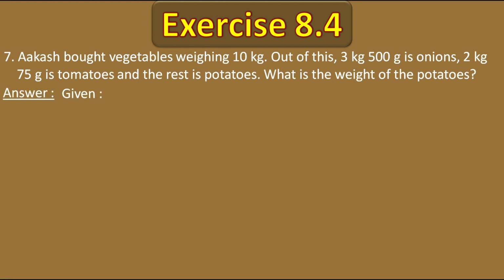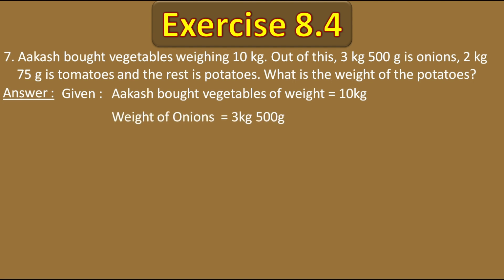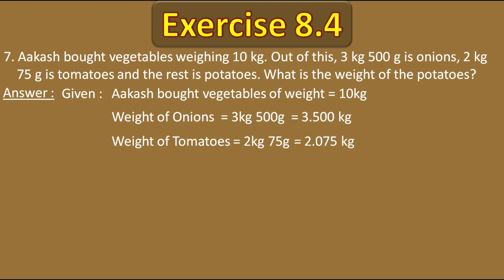Akash bought vegetables of weight 10 kg and the weight of onion is 3 kg 500 gram. First we will write it in decimal point, so it became 3.500 kg, and the weight of tomatoes is 2 kg 75 gram. So this becomes 2.075 kg.